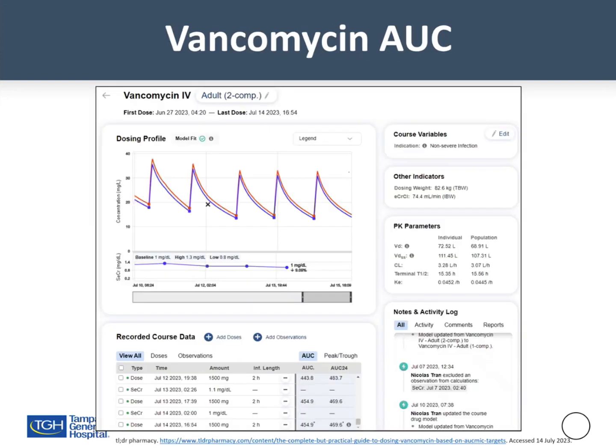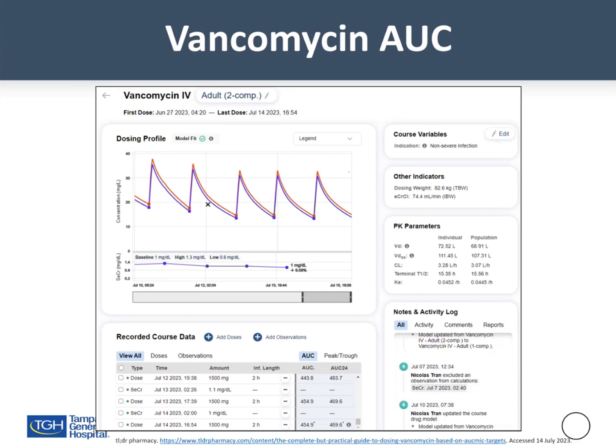So this is what the DoseMeRx software looks like for Tampa General. This is going to be in a platform integrated with Epic, but outside the medical chart, so y'all won't be seeing this actual visual. But you see towards the top, the concentration time curve, the red graph is what the Bayesian model in DoseMe is suggesting.